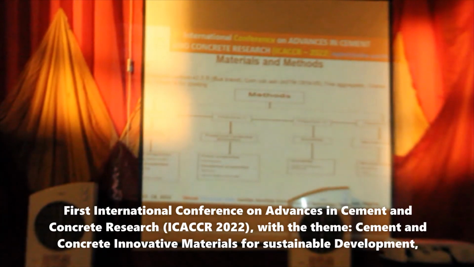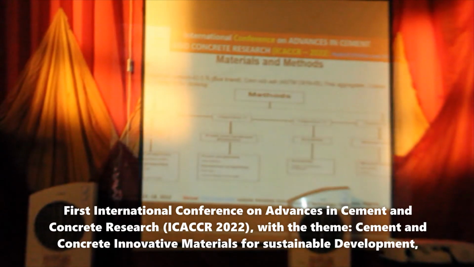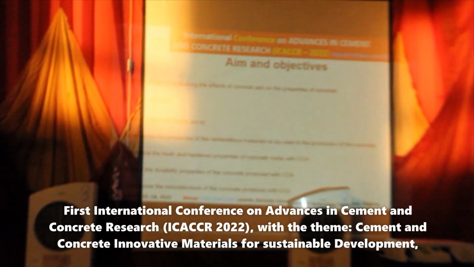Recently, corn-cob ash is found to be one of the most promising supplementary cementitious materials in the production of concrete. However, there is a lack of intensive studies on its use. Therefore, this study evaluates the effect of corn-cob ash as cement replacement on the properties of concrete.